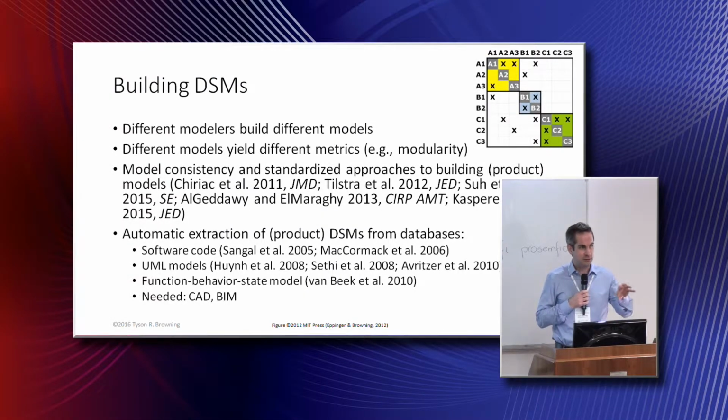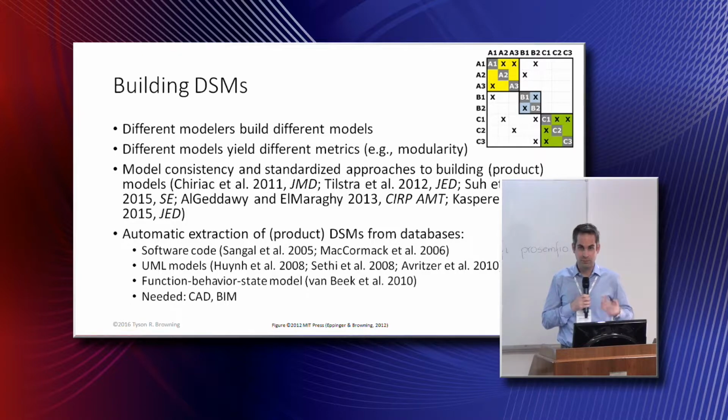So if I go to you and ask you to build a product DSM representing some product or system, something simple in mechanical engineering, you see toasters, cameras, power tools, things like this modeled with DSMs. You start to see more sophisticated products like copy machines, and then eventually automobiles, spacecraft, aircraft, ships, many complex products.